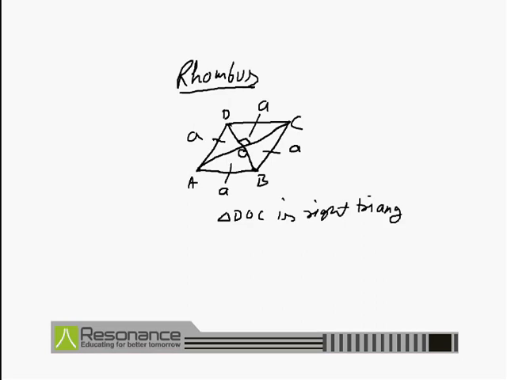Here we have the two diagonals AC and BD. Let us denote AC by D1 and BD by D2. As we know that the diagonals bisect each other, AO equals OC, which is equal to AC by 2, that is D1 by 2.